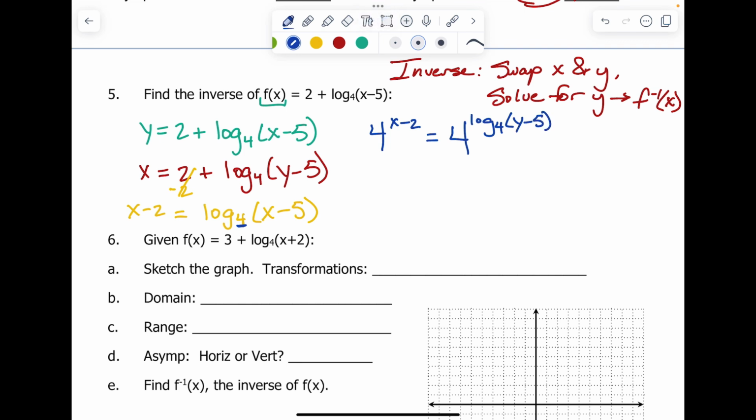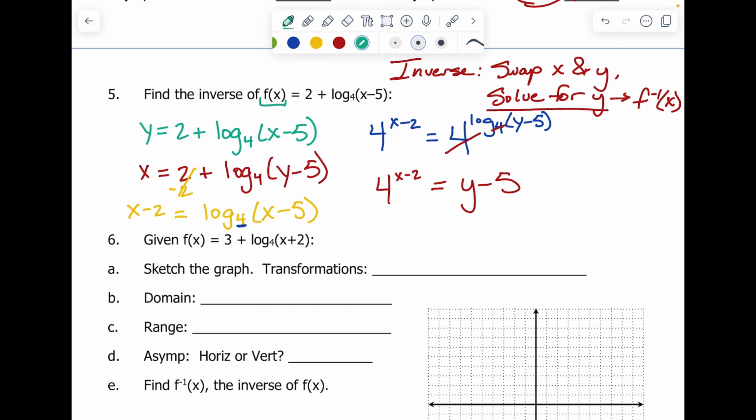So now, if you know your exponent rules, you'll know that when the base and the base of the log match, they cancel. And so that leaves me with 4 to the x minus 2 equals y minus 5. I keep writing x. It is a y minus 5. And so ultimately, we're trying to solve for y.